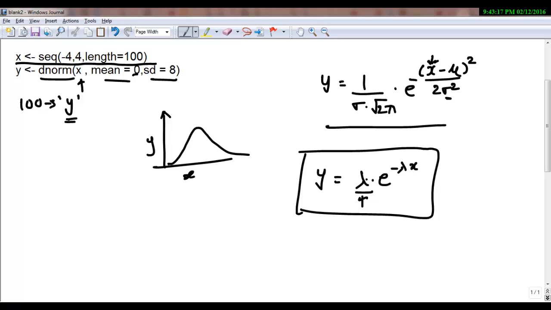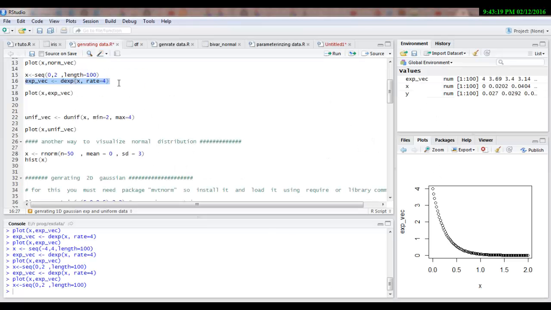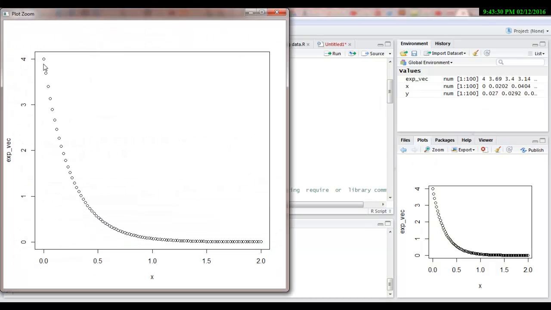Using this function, we are going to get a certain distribution, and I have already plotted it. So this is the distribution, the curve that is going to be generated.